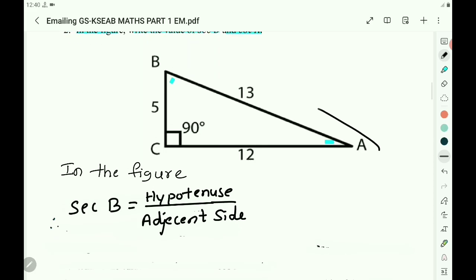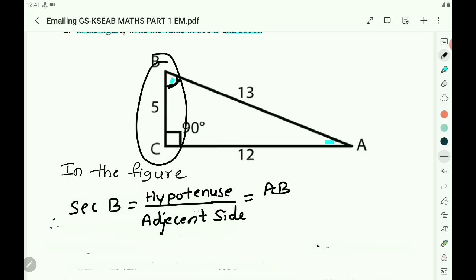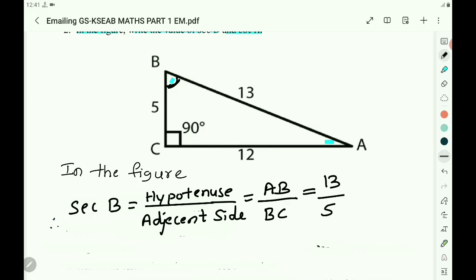For B, AB is the hypotenuse, and the adjacent side is BC. AB by BC. Then AB is 13, BC is 5. You got secant B is equal to 13 by 5.